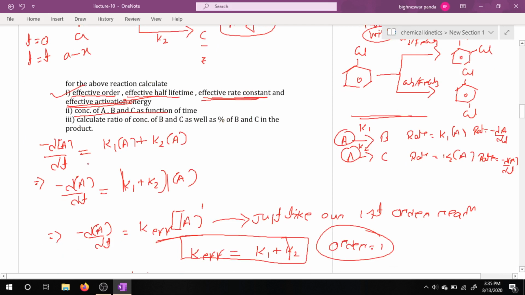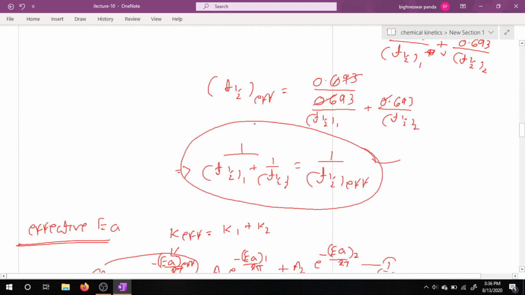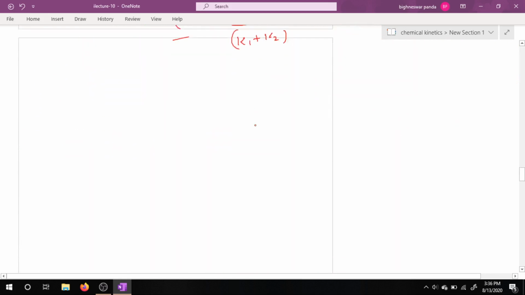Another question is there: calculate the ratio of concentration of B and C as well as the percentage of B and C in the product. What is the ratio of concentration of B and C?